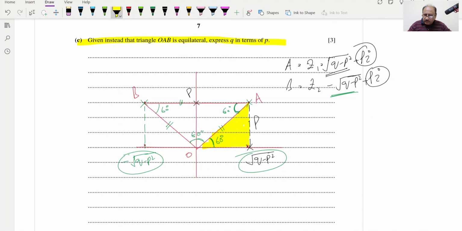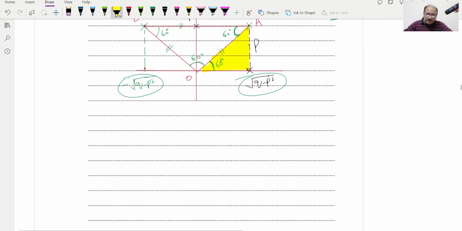In this triangle we can consider tan 60 degrees. So tan of 60 degrees will be equal to opposite over adjacent.